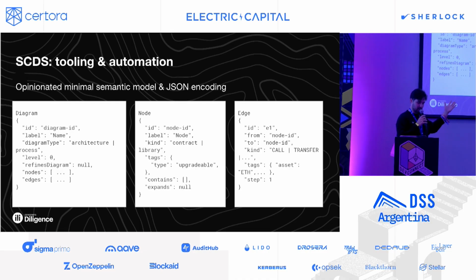Number one is what I just mentioned, the JSON encoding of a model. It's super simple. I mean, again, it's just a diagram and its internals. The important parts that I've added are things like what kinds of nodes there are and what kinds of edges there are that are more specific to our industry.